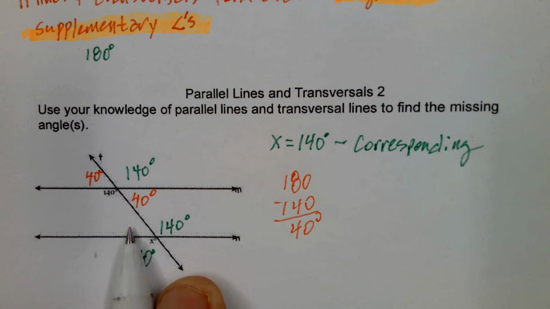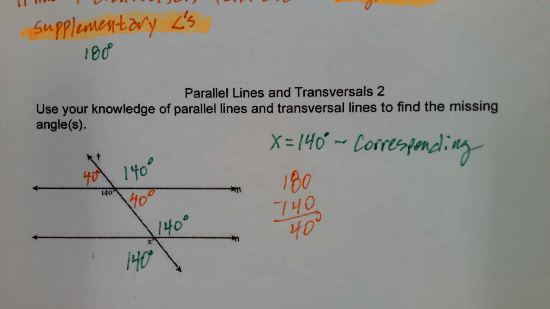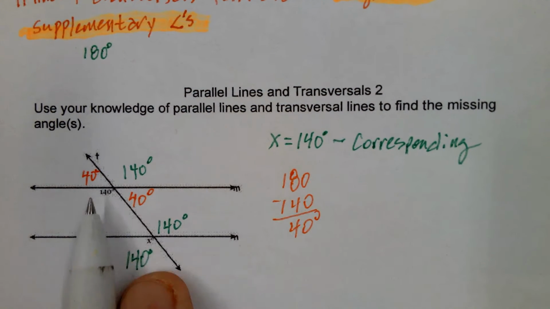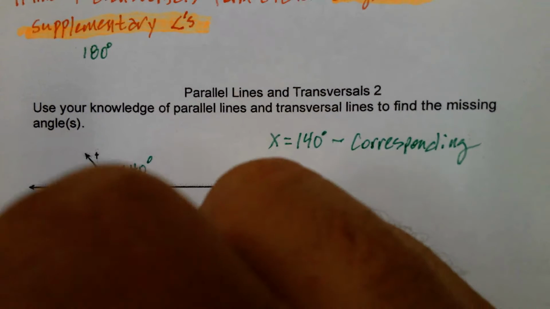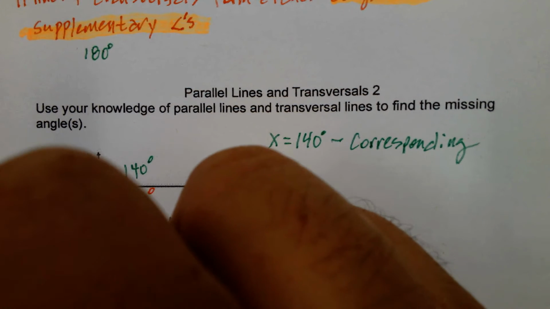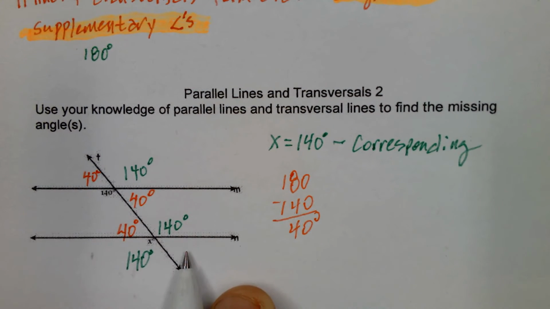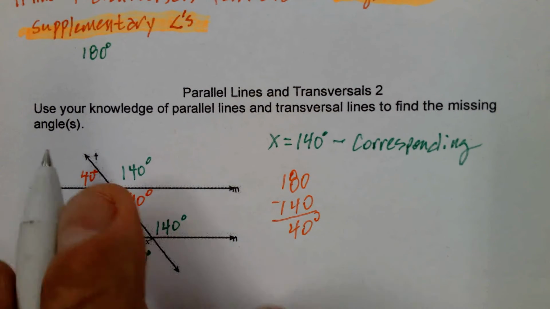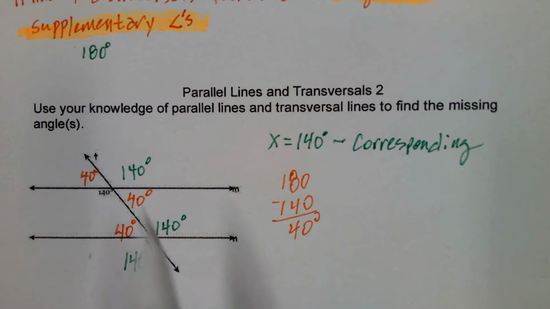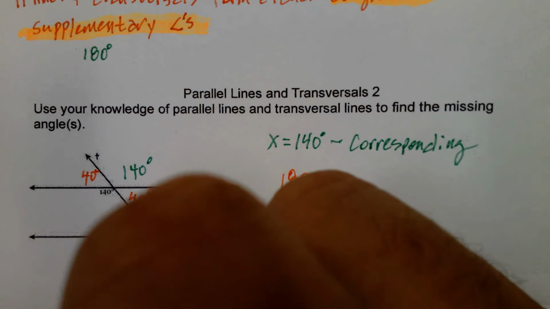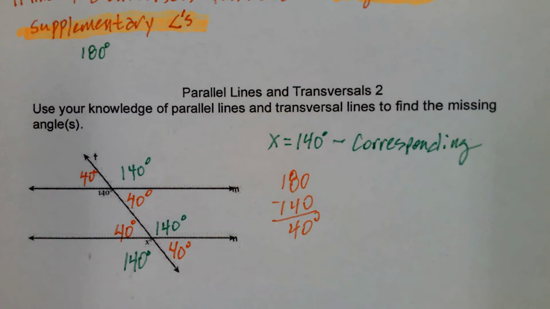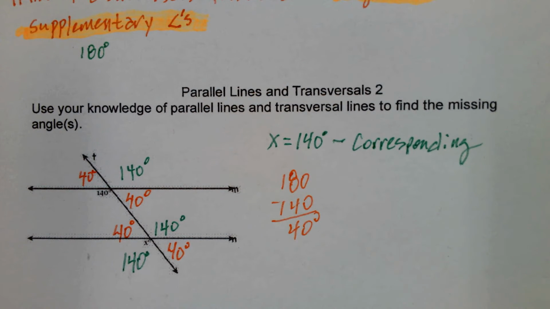This is alternate interior. We could use that. Or from the original one, we could say corresponding. Alternate exterior: on the opposite sides and on the outside. Okay. So we just found all of the angles.